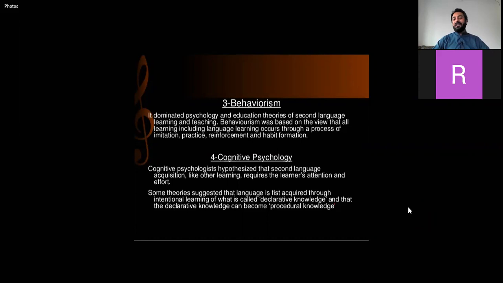This is called reinforcement in a positive way. In a negative way, we are afraid that the teacher would punish us, or we would fail, or the parents would rebuke us. These things are basically called reinforcement.